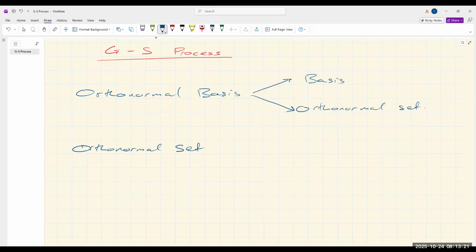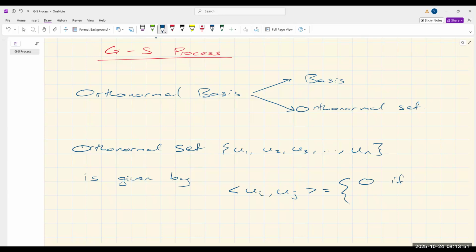So an orthonormal set of vectors, let's say u1, u2, u3, up to un, is given by, so in order for a set to be orthonormal, when you take the inner product of ui with uj, you get 0 if i and j are different.